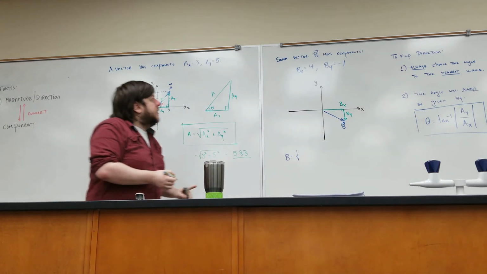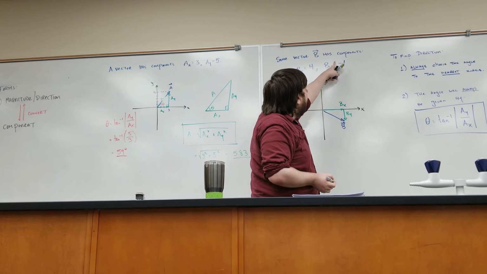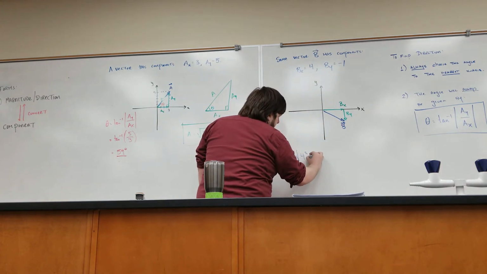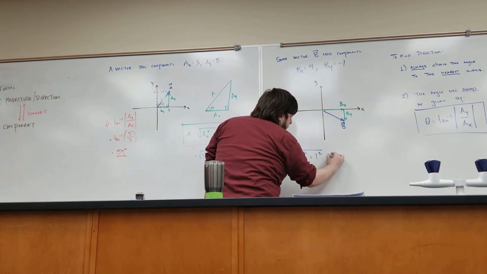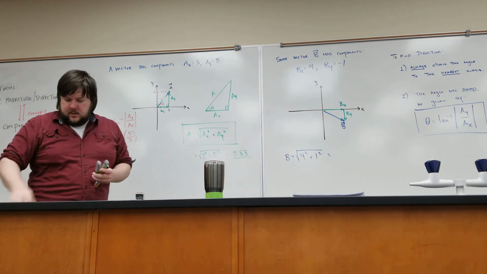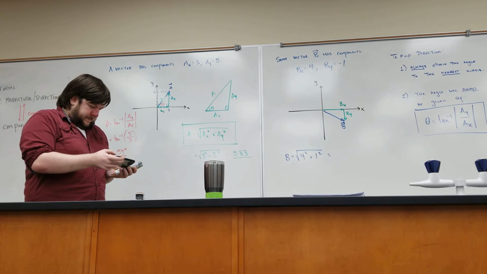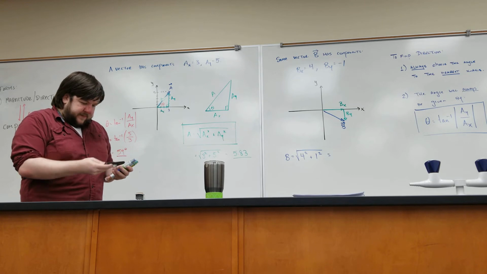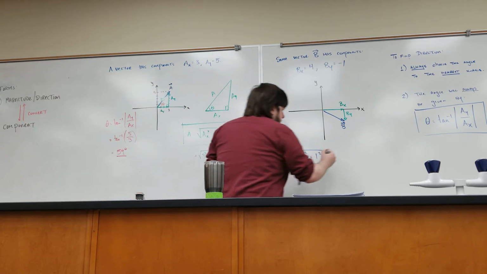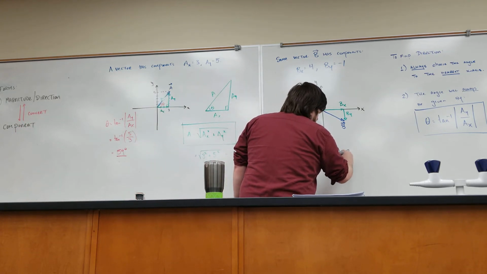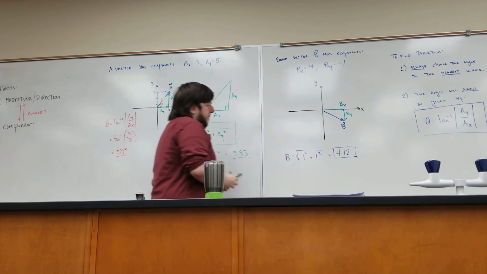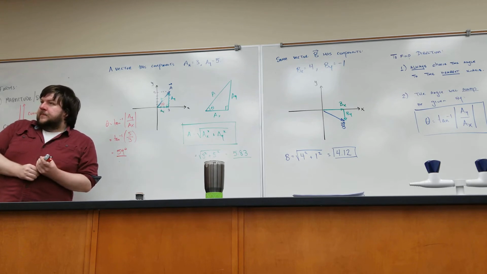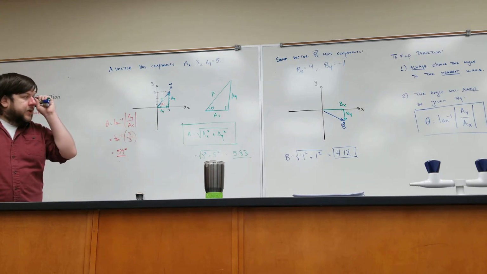Okay? The y component is negative, but when you square it, that -1 becomes positive 1. So you can just write it as 4 squared plus 1 squared. You don't have to worry about the negative sign. So that's 17, square root of 17 is 4.12. Okay? That's its magnitude. Any questions about its magnitude?